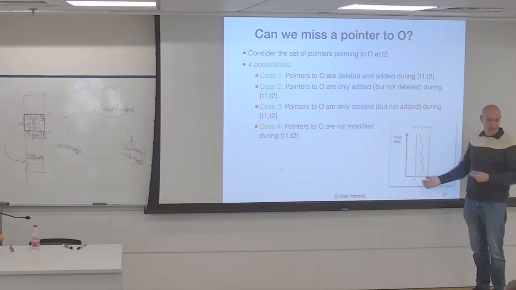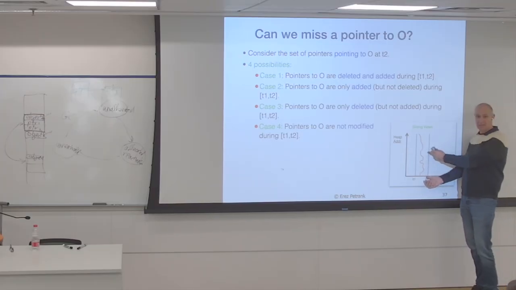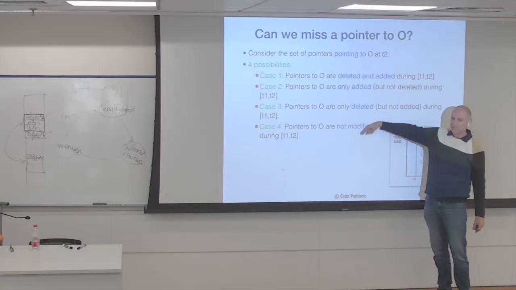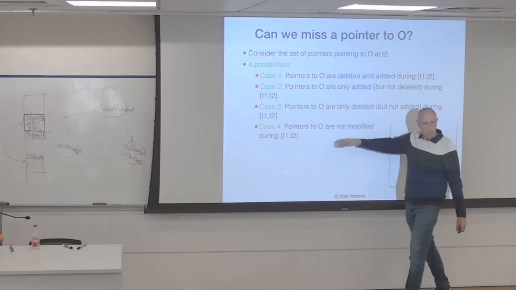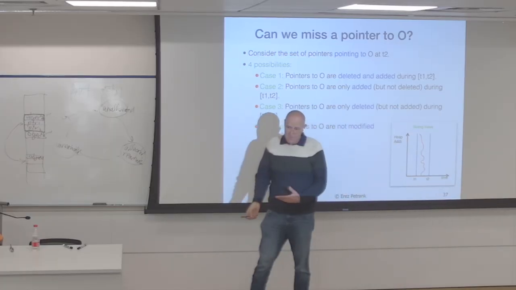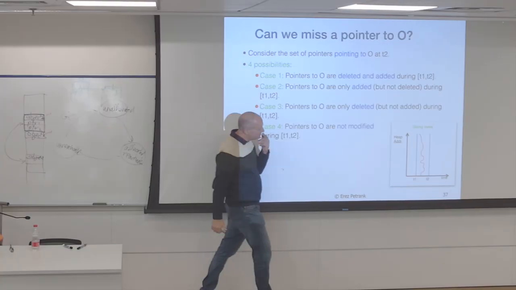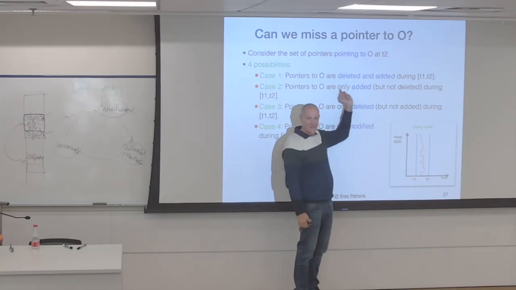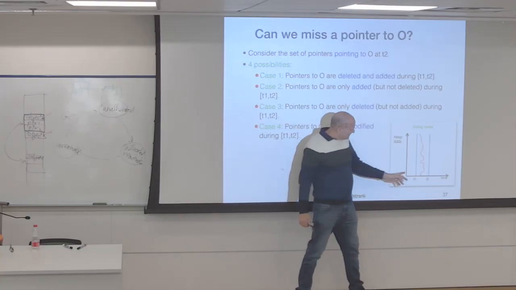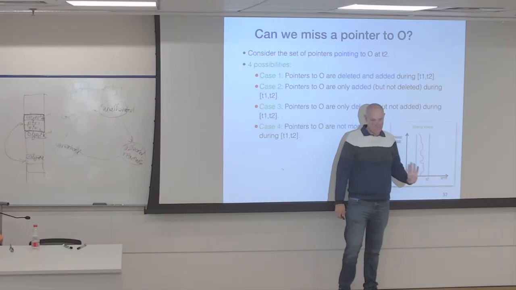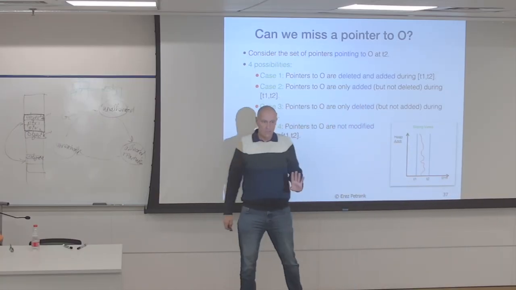We have more pointers than the pointers that are pointing to O at T2. This is great for us. These two cases are great for us, because pointers that are deleted, we might see them, we might not, but they're not there at T2. The problem is when pointers are added. If pointers are added, maybe we don't see them in the sliding view, but they do exist at T2, which is a problem for us.